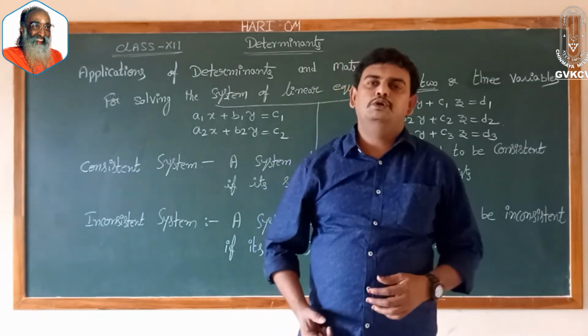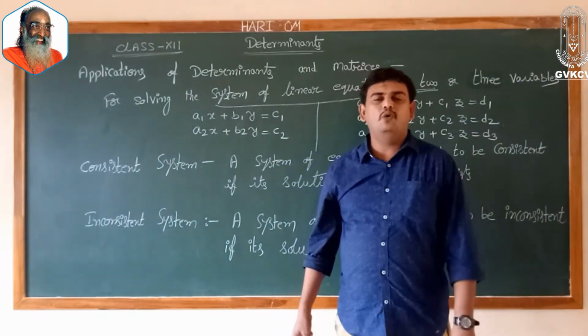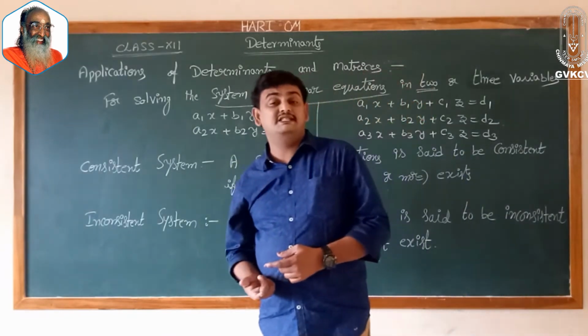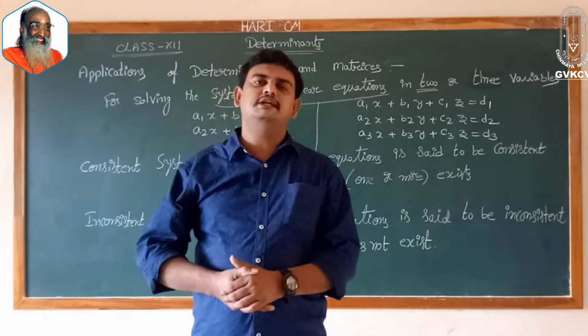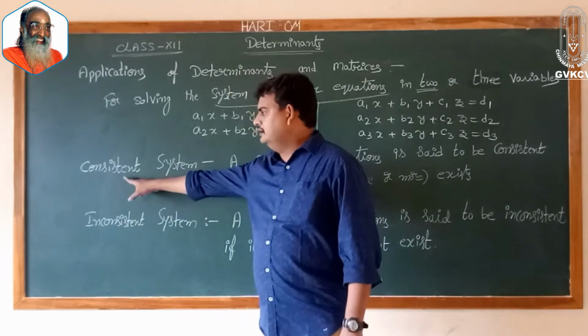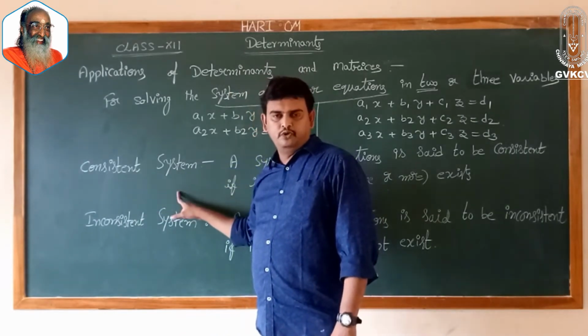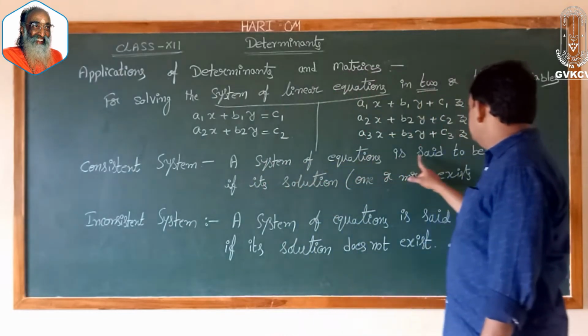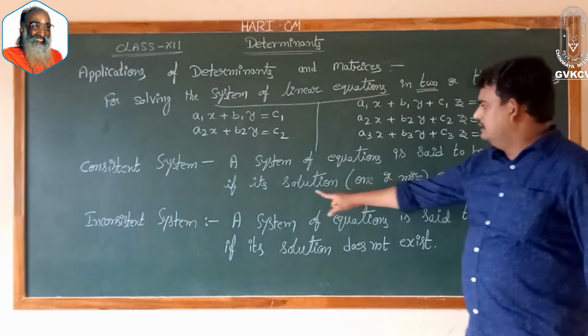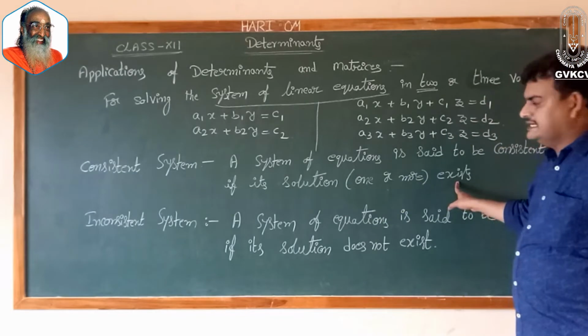To know the solution of these equations, we have to know whether they are consistent or inconsistent. So what is the meaning of consistent and inconsistent? Here we have the consistent system. What is the meaning of a consistent system? A system of equations is said to be consistent if its solution exists.